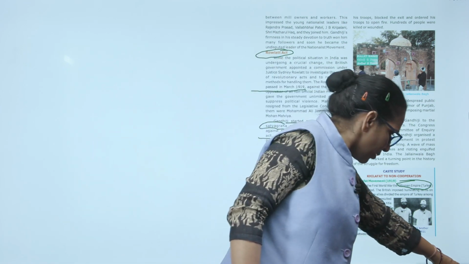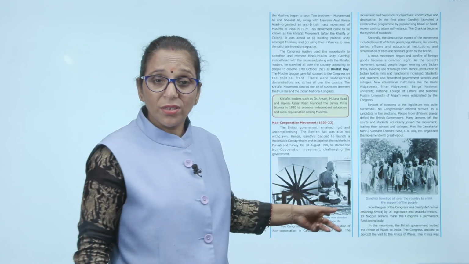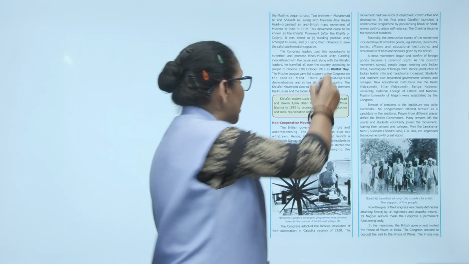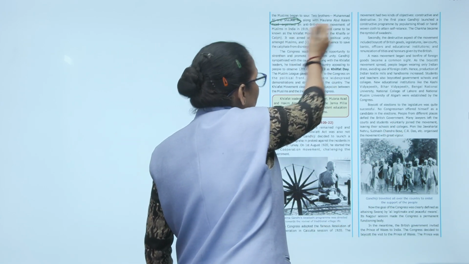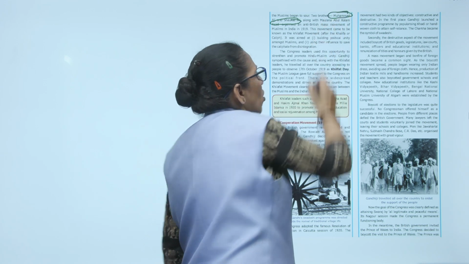All over the world, the Islamic people started to protest against the Britishers for this defeat of the Ottoman Empire of Turkey. In India also, Muslims started to protest against the Britishers. There were two brothers, Muhammad Ali and Shaukat Ali. We also call them the Ali brothers. Along with Maulana Abul Kalam Azad, they organized the anti-British mass movement that is known as the Khilafat movement.